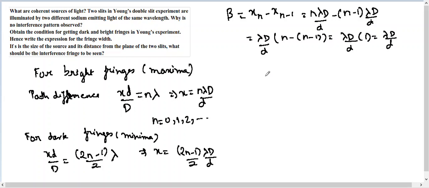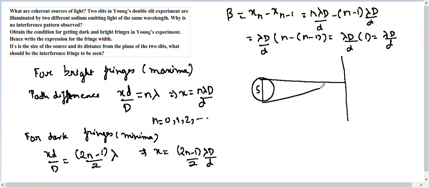Now the condition for the visibility of the interference fringes is what we have to find out. This is how the image is supposed to be formed. S is given to us, that is the size of the source, and D its distance from the plane of the two slits. Let's say the angle subtended is delta theta.